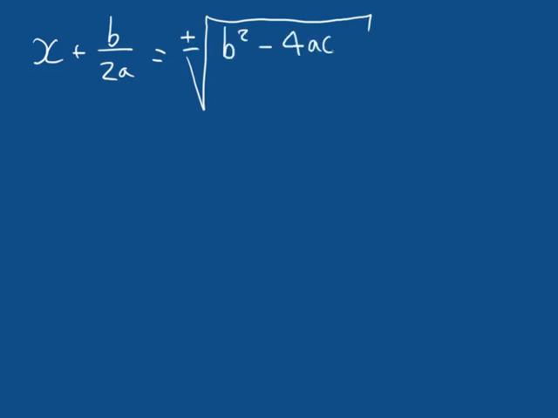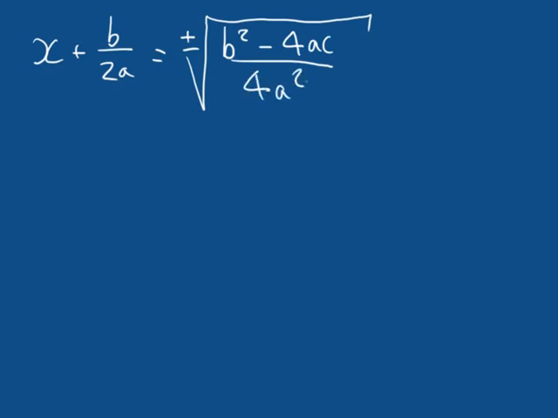x plus b over 2a is equal to, and we must remember, of course, that it's actually equal to plus or minus the square root of b squared minus 4ac all over 4a squared.